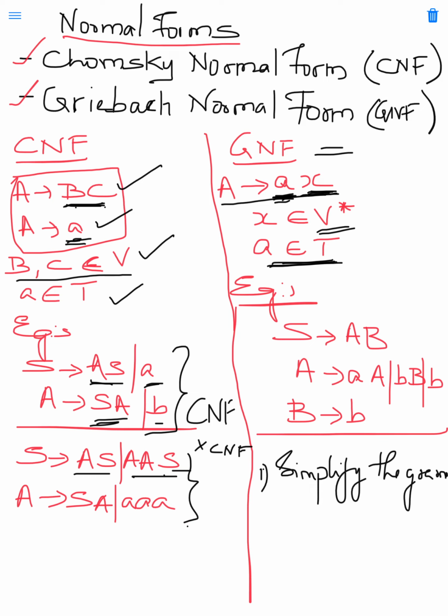Here S itself is a useless symbol, isn't it? Because S will not be generating any string, the start symbol itself is a useless symbol. So this start symbol itself will be removed from the grammar. So this example is not valid to convert into CNF.